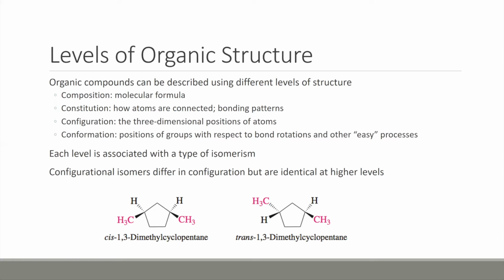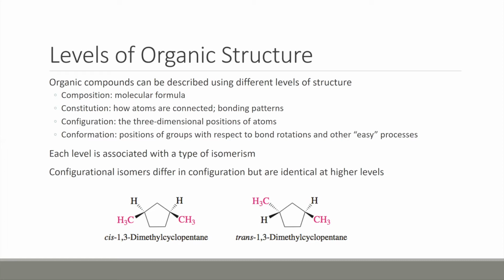We've talked about their composition, which just means their molecular formula, their constitution, which is how the atoms are connected and the patterns of their bonding, the configuration, which is the three-dimensional positioning of the atoms, and the conformation, which is the position of groups with respect to bond rotations. So remember, we talked a lot about that during our chapter 3 discussion on Newman projections.